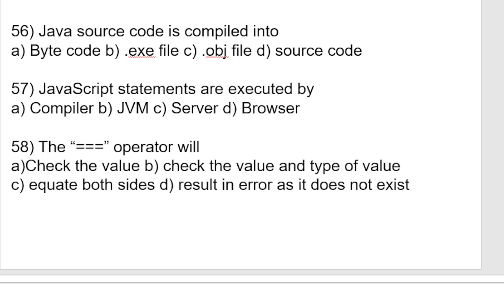JavaScript statements are executed by the browser. The equal operator will check the value and type of value, equate both sides, result in error as it does not exist. So option B is correct.